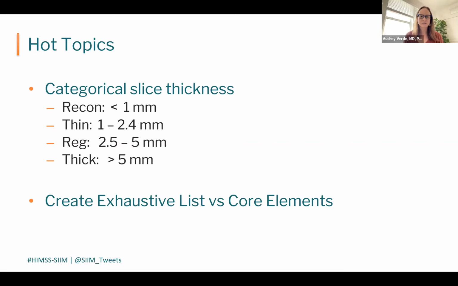Or do we focus on a more feasible task of a series of core elements, so that the most commonly completed exams at academic and private practice settings are covered by these guidelines? These are things that we would love to have a conversation around and feedback on, because this will help us better inform how to continue developing this process. Now I'll hand this over to Ken.